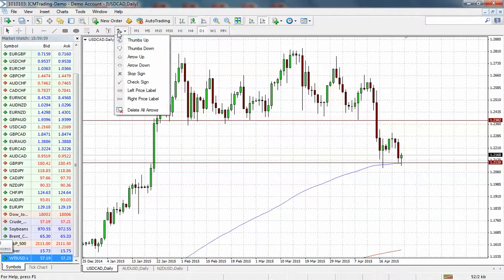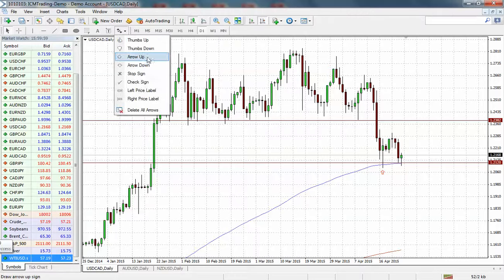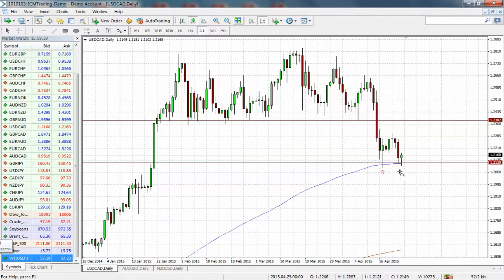We have support with this nice first pin bar here that didn't really give a nice push up, as we can see, have a little bit of market indecision or consolidation around this area. And then we also have another nice little wick here. All right, so this seems to be a nice area to look out for.